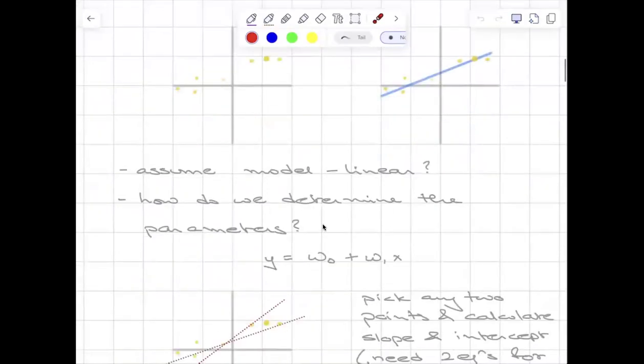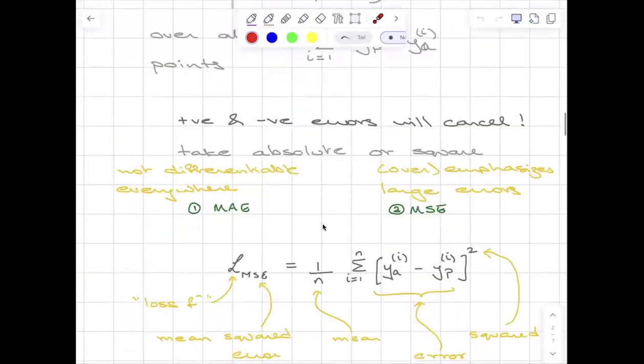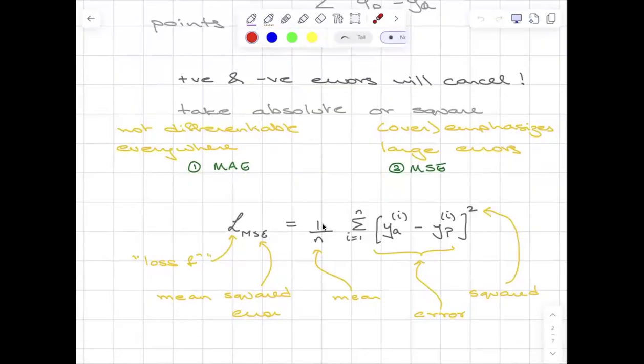And we went through a couple of evaluations, and we said, okay, I'm going to define something called the mean squared error, which is literally, as the name says, the error, the difference between the actual and the predicted value, squared, and we take the mean of that across all the points that we have, right? So that's what we call the loss function.